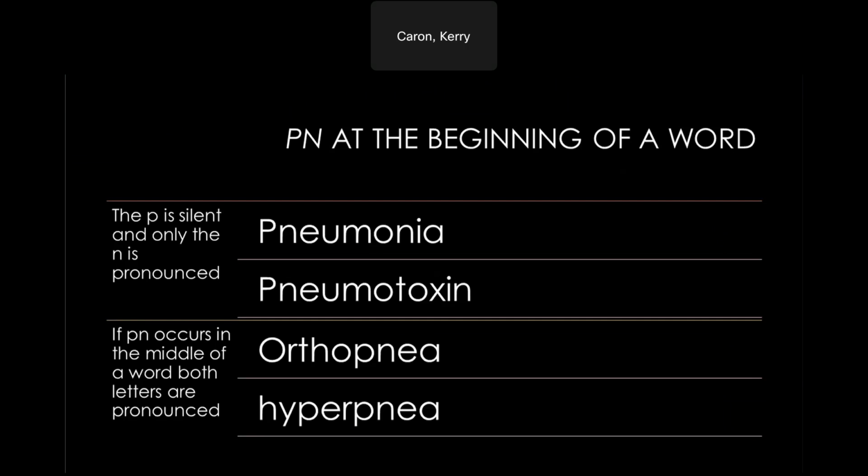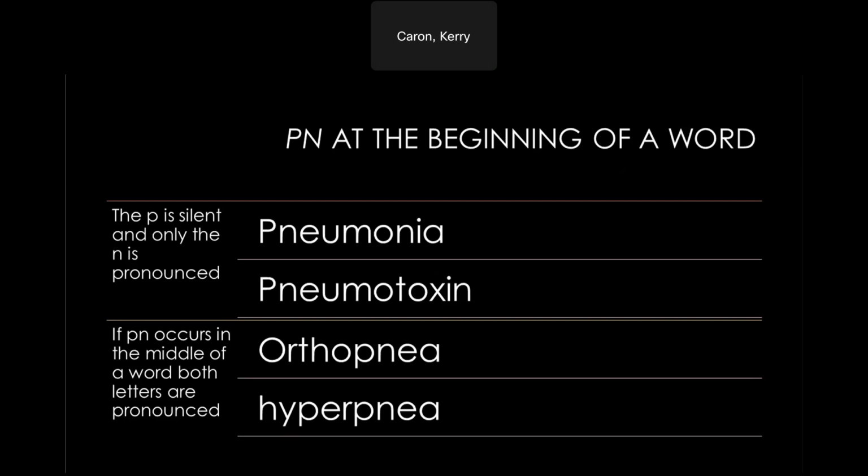So P and N at the beginning of a word: if it's at the beginning of a word, we do not say the P. When it's in the middle of the word, then we do say the P. I use a silly example for this: at the beginning of the party, we're shy, we're quiet, we don't want to say our name, right?